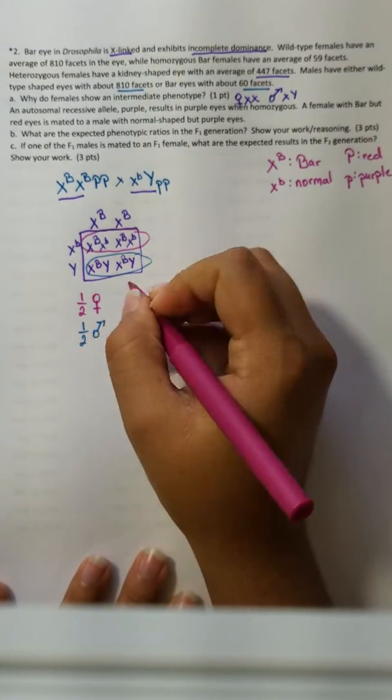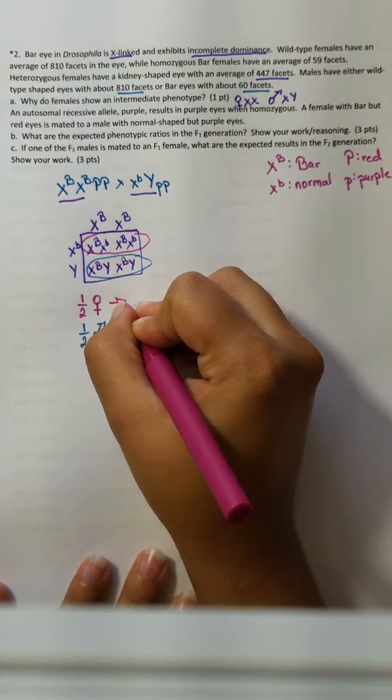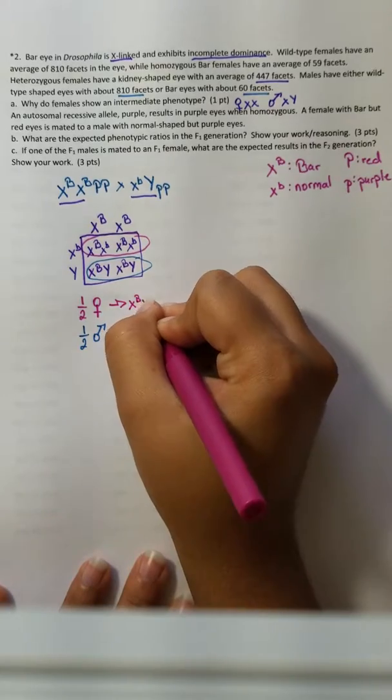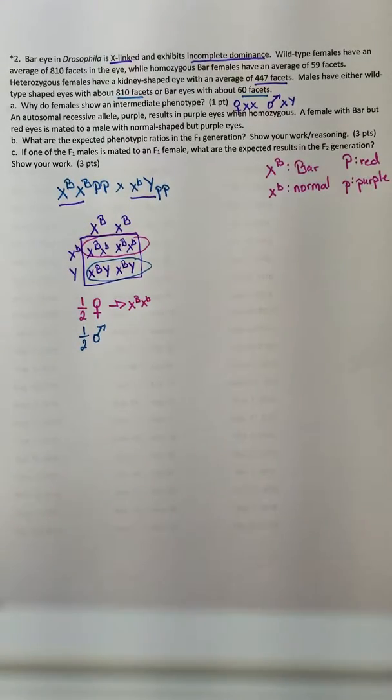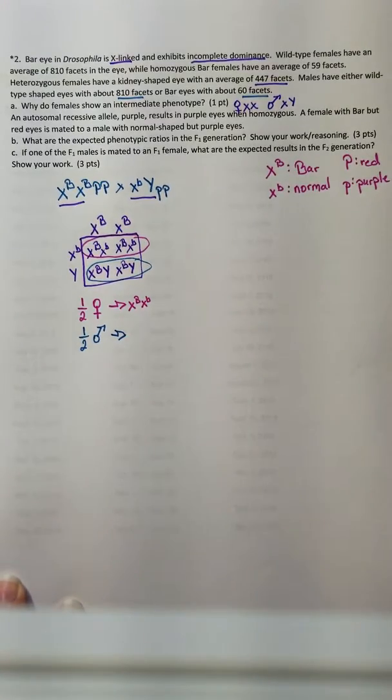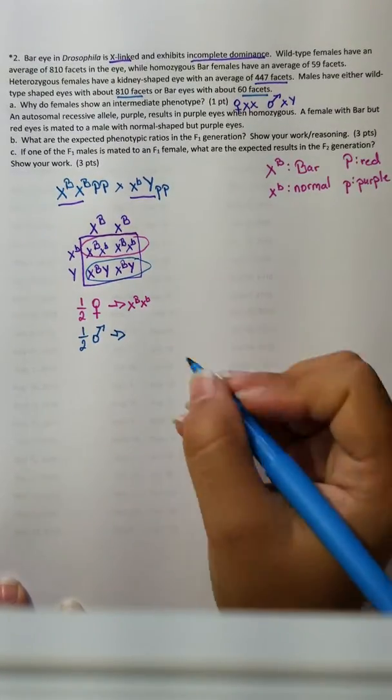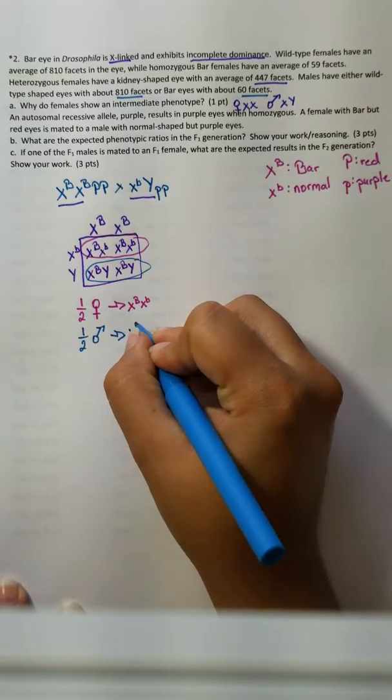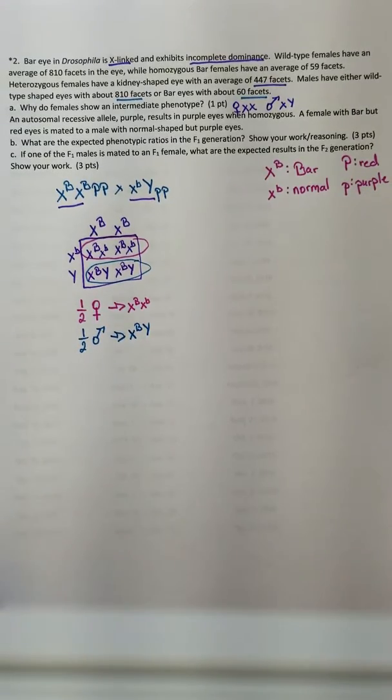So we'll just write that they're all going to be X big B and X little b. And all our males, however, are going to have bar eyes because they just have the big B on their X chromosome.